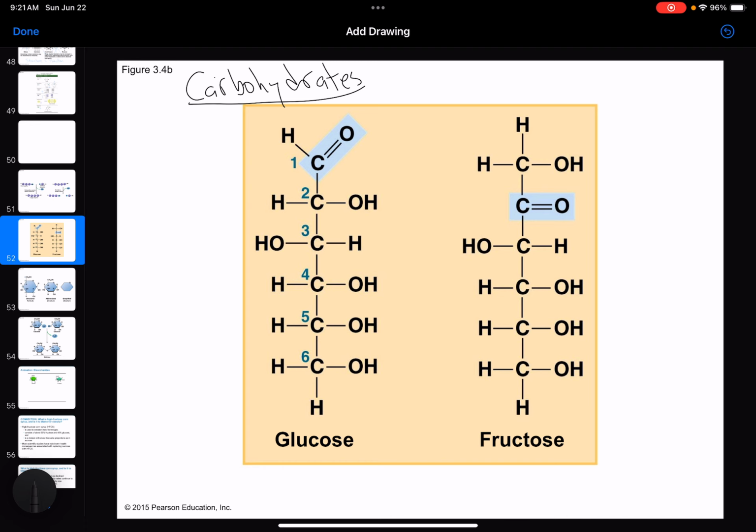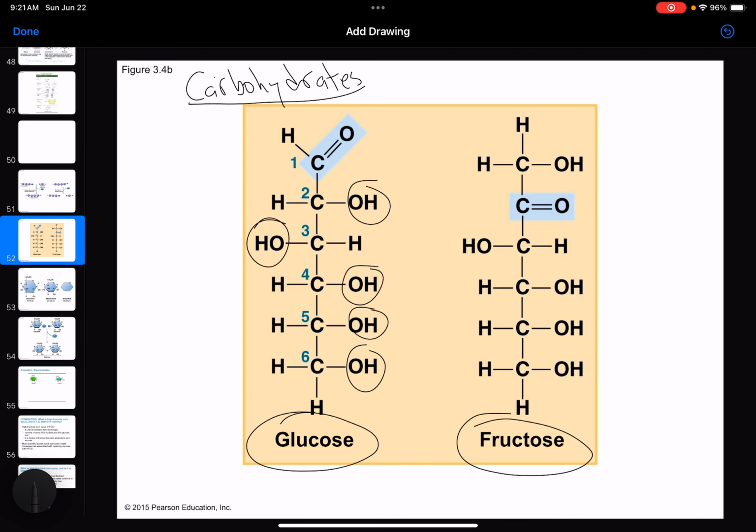But I have two very common carbohydrates of life shown here, glucose and fructose. Let's practice our functional groups, right? I think that the functional group that you should pick up on right away that is very common in carbohydrates is alcohol. You can see alcohols are very prominent in both glucose and fructose.